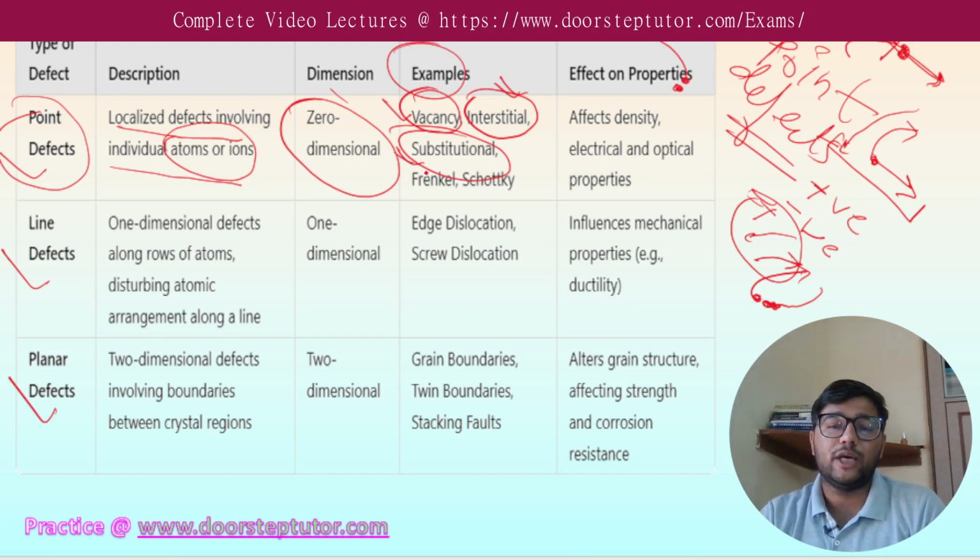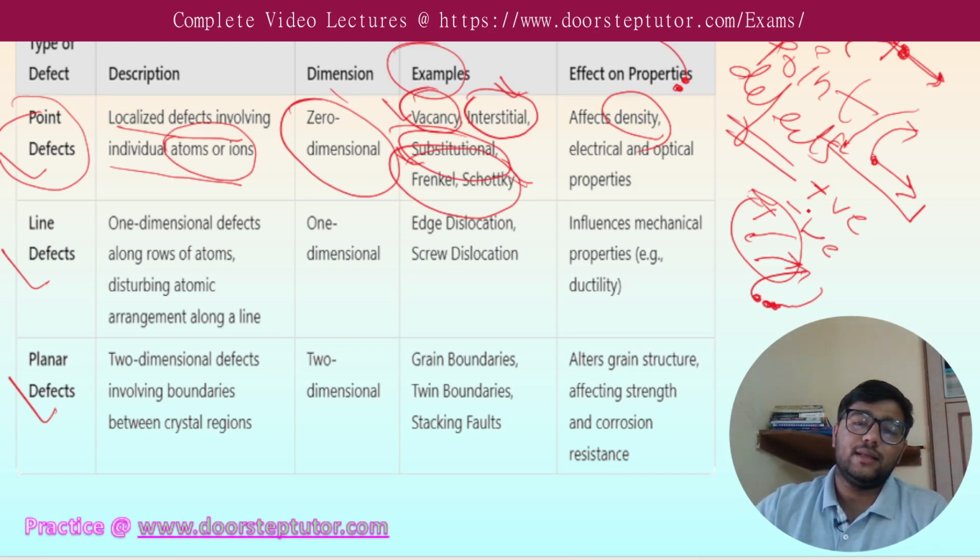And there are generally two types of point defect. First is Frenkel defect, and second is Schottky defect, which we will discuss further. And how does point defect affect the crystal structure? It can affect the density, because by introducing or removing the atom or ion, the density can increase or decrease.